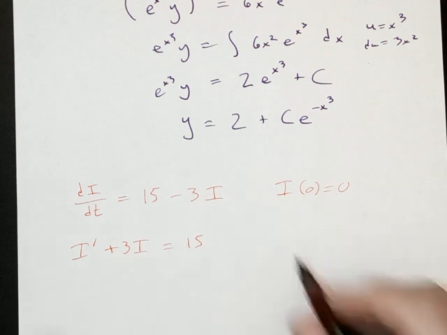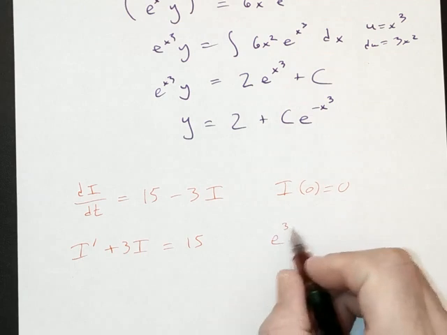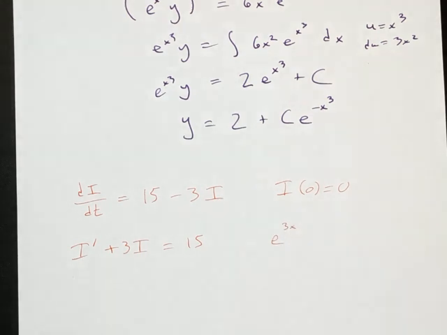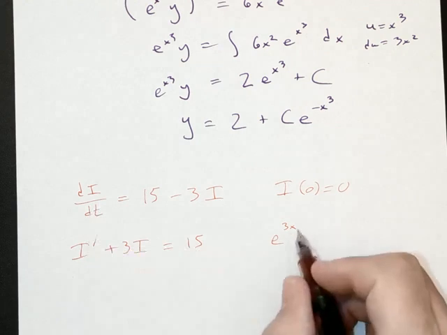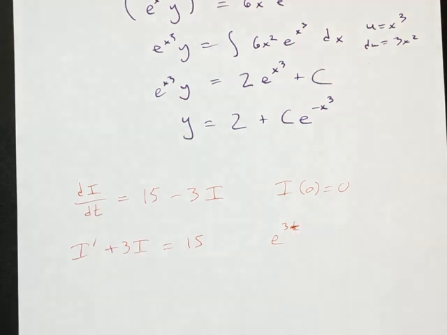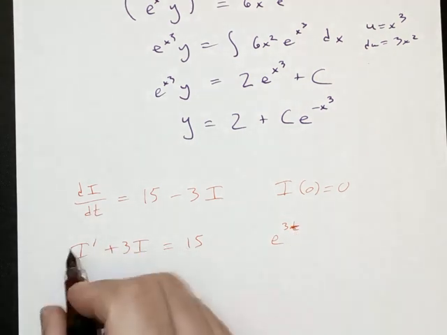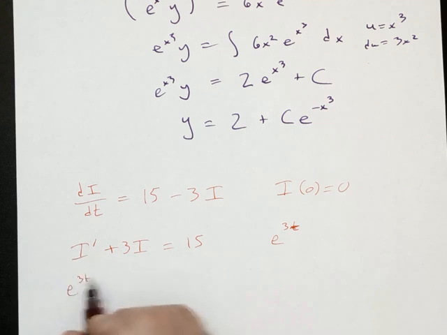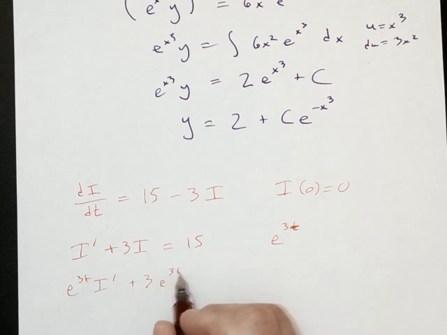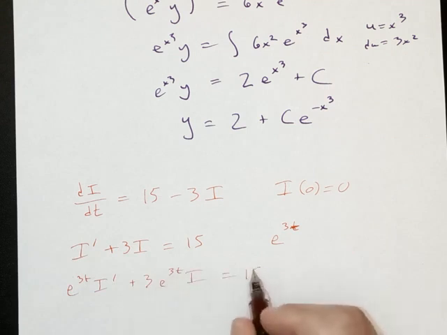So my integrating factor is e to the integral of 3, e to the 3x. I want to use t instead of x here because I'm dealing with time, and t is my independent variable there. So I'll do e to the 3t. But that makes this e to the 3t I prime plus 3 e to the 3t I equals 15 e to the 3t.